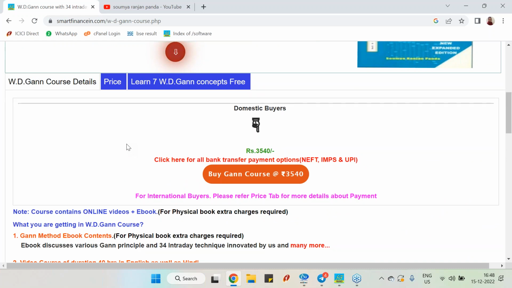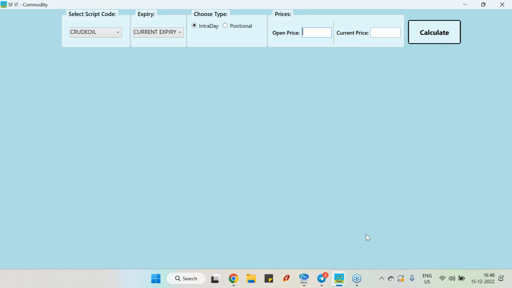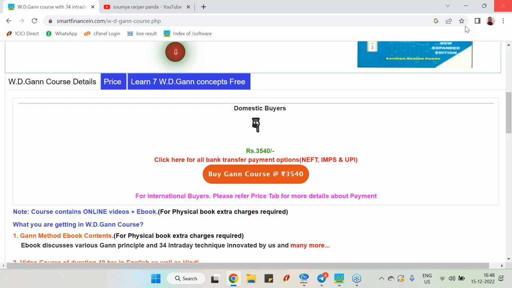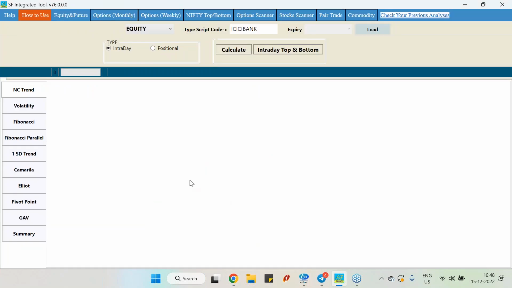If you have basic knowledge of mathematics, I will suggest you take a course, learn it, equip yourself. Don't depend upon someone's call. Don't depend upon someone's advice. Do it yourself. And if you are using the software, you must know what concept the software is using. Here you have learned the Gann angle and volatility, and you have utilized the software. So you know what calculation the software is doing in the background.